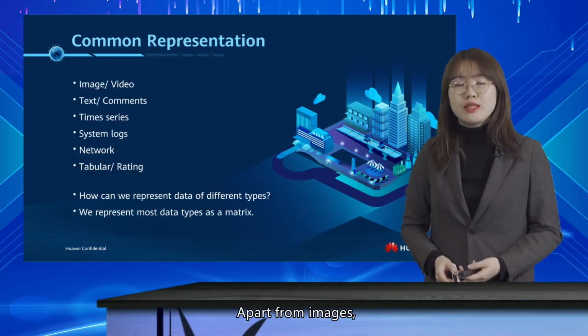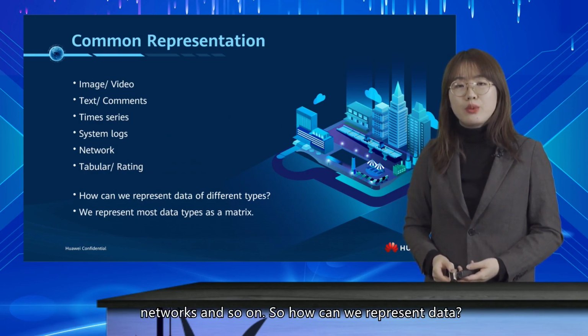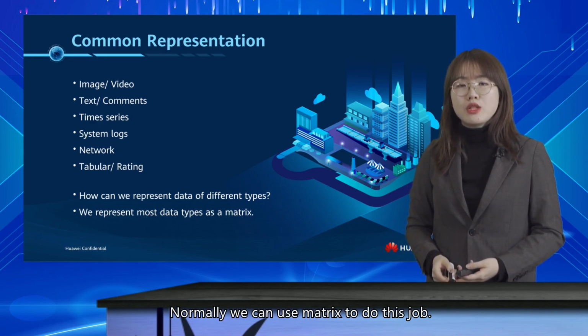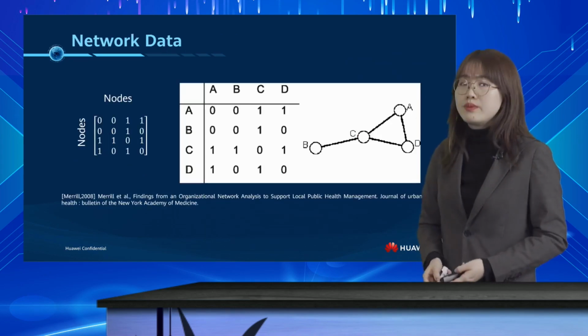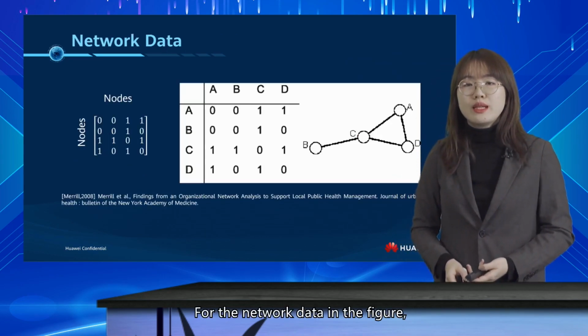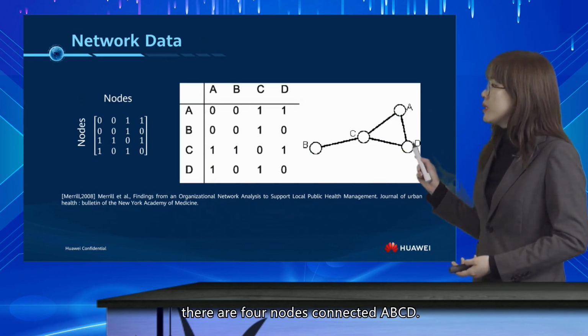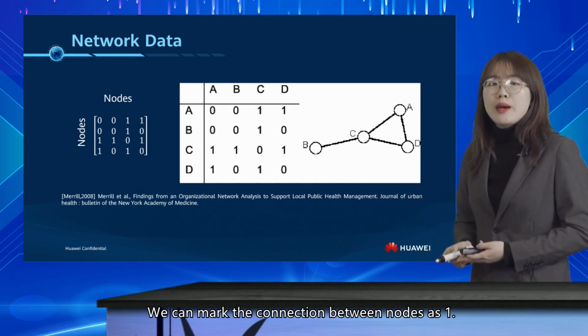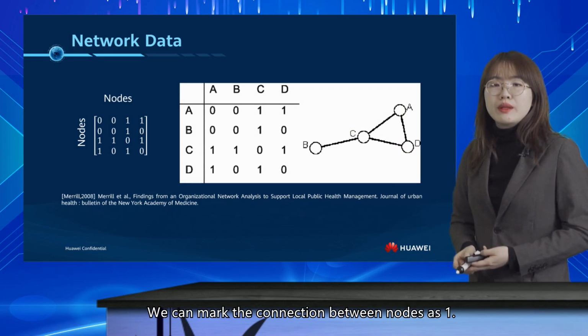Apart from images, there are lots of different data types like text, networks, and so on. So how can we represent data? Normally, we can use the matrix to do this job. For the network data in the figure, there are 4 nodes connected, A, B, C, D. We can mark each connection between nodes as 1.